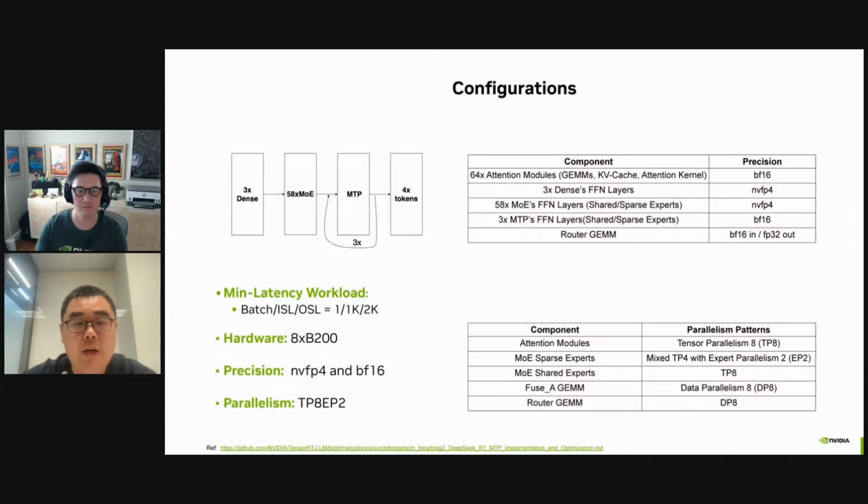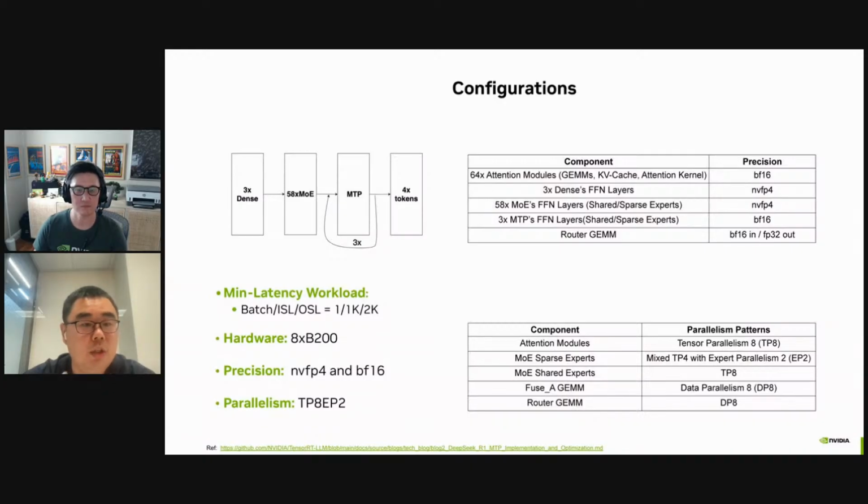For all FFN layers in the model, such as the 3 dense modules' FFN layers and the experts of the MOE model, we have introduced NVFP4 precision. And for the last 3 MTPs' FFN layers, we keep BF16 precision. And for router GEMM, we have kept BF16 input and FP32 output to guarantee high precision.